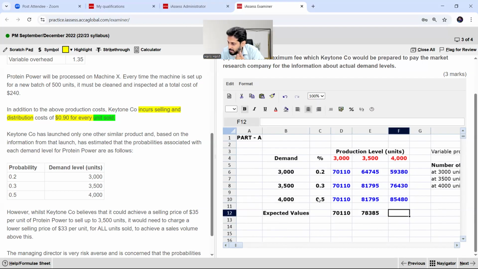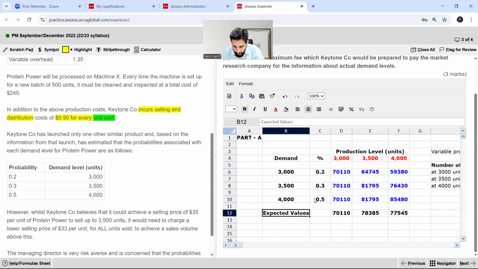And here it is expected value. Press is equal to this value multiply by 0.2 plus 76,000 multiply by 0.3 plus 85,000 multiply by 0.5 bracket close, answer.